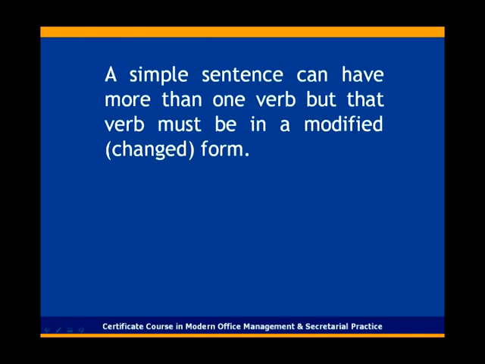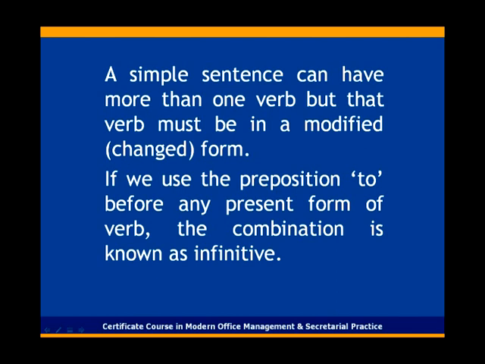A simple sentence can have more than one verb, but that verb must be in a modified or a changed form. If we use the preposition to before any present form of a verb, the combination is known as an infinitive.